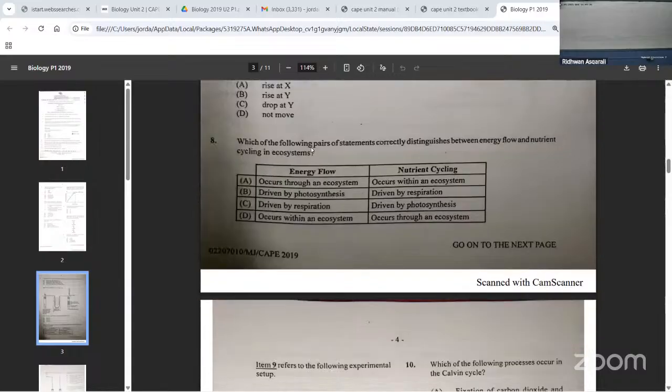Which of the following pairs of statements correctly distinguishes between energy flow and nutrient cycling in ecosystems? Right, so the only difference between energy flow and nutrient cycling.